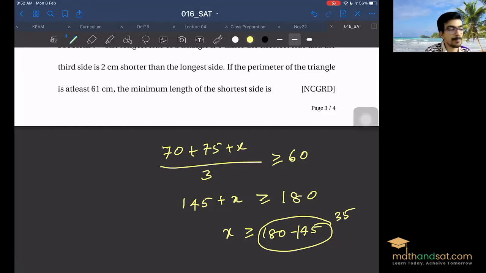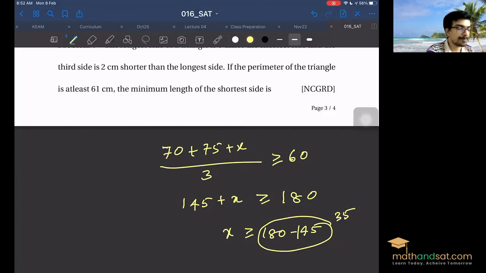You understand? So this is a real world scenario you often encounter, right? You have 70 and 75 in two exams. So if you score 35 in the third exam, you're going to end up with an average of 60. If you score more than 35, you're going to get an average of more than 60.